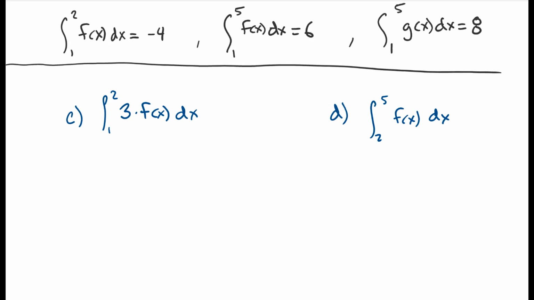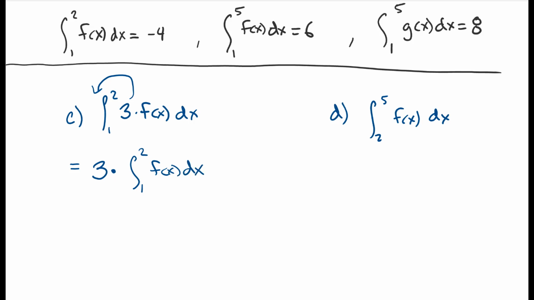So this is asking us, let's look at C. We have 3 times the function. But the only thing we know from 1 to 2 is just a function. So we're going to use that little coefficient trick by yanking it out to the front. It's just a number. Get it out of there. Get it to the outside. So we can say that this is equal to 3 times the integral from 1 to 2 of f of x dx.